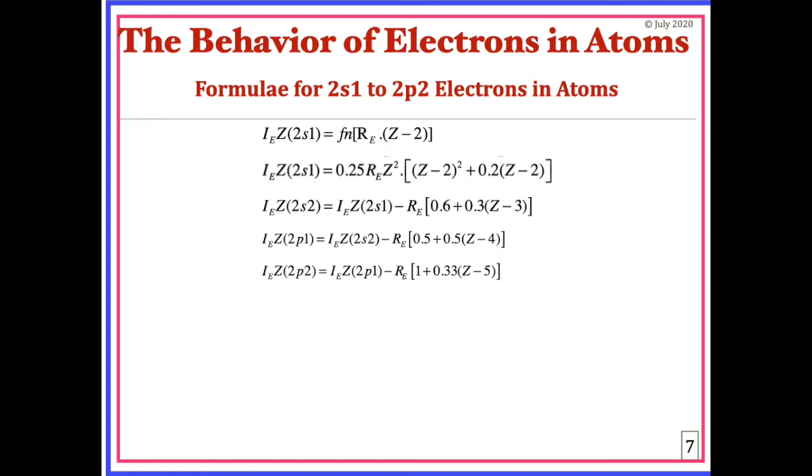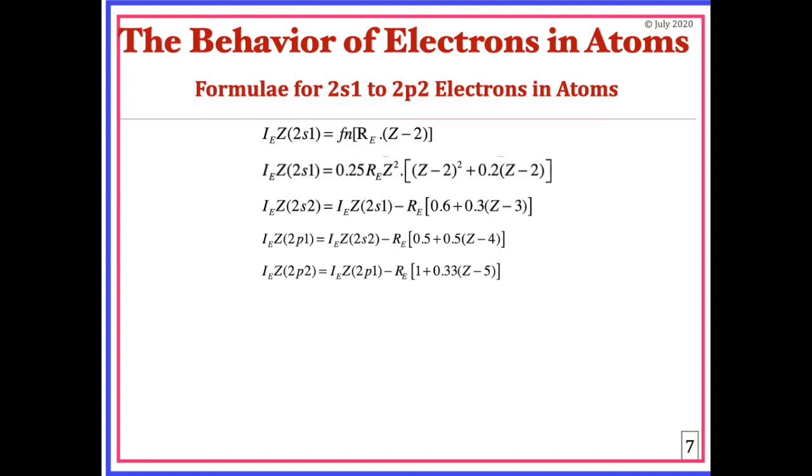In a similar manner to the previous 1s2 equation, an equation for the ionization energy of a 2s1 electron is given by IEZ of 2s1 equals 0.25 ReZ squared times Z minus 2 squared plus 0.2 Z minus 2.